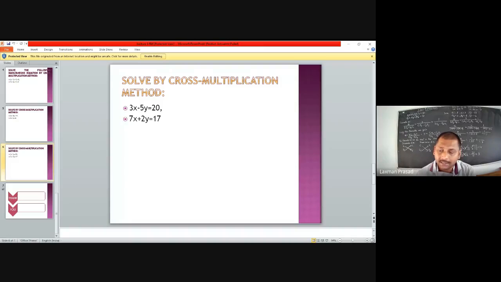And the second equation is 7x plus 2y equals 17.